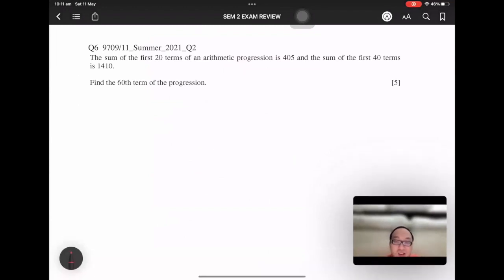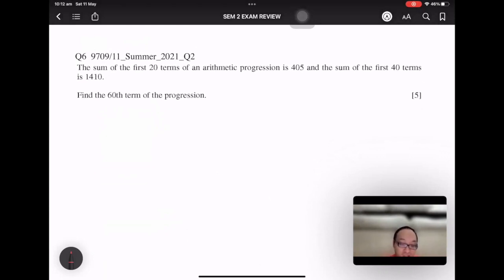Number 6. The sum of the first 20 terms of an arithmetic progression is 405, and the sum of the first 40 terms is 1410. Find the 60th term of the progression. Okay, this is now arithmetic. The sum of the first 20 terms, S20, equals 405.